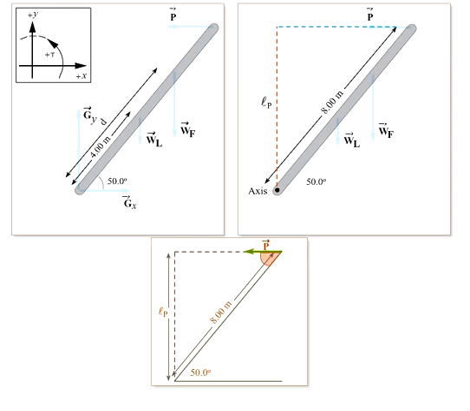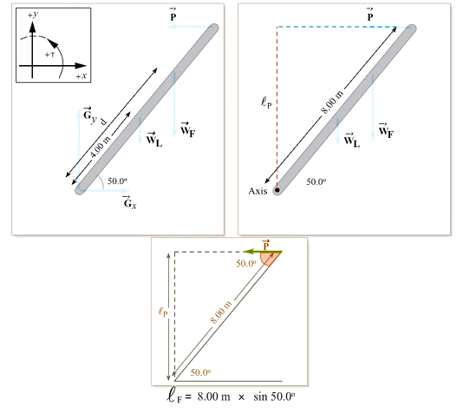The angle between the ladder and the ground is 50.0 degrees, and P is parallel to the ground, so, from geometry we know that the angle between P and the ladder must also be 50.0 degrees. The lever arm is the side opposite this angle, and the hypotenuse is 8.00 meters. So, the length of this lever arm is 8.00 meters times the sine of 50.0 degrees.